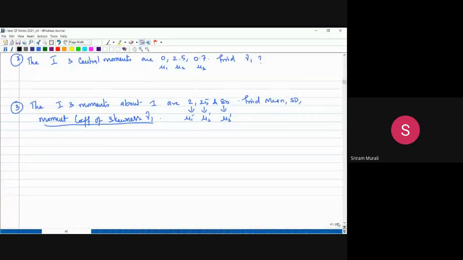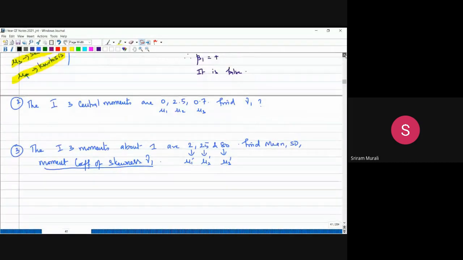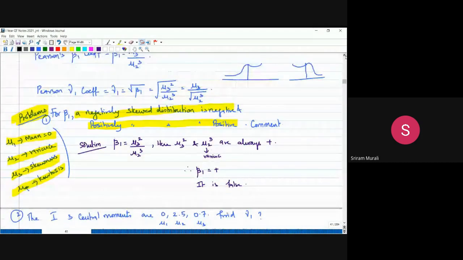So we want to find gamma 1. What is the gamma 1 formula? This is the formula for gamma 1: mu3 by square root of mu2 cubed.